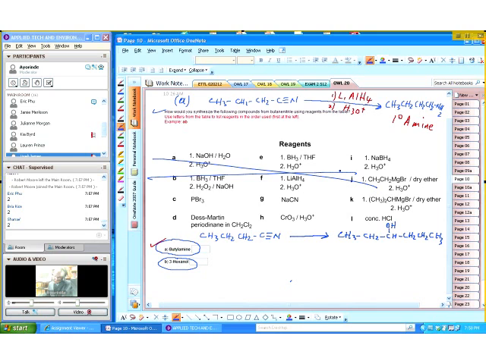So what do we do here? We want to extend the carbon chain. Very good. Excellent. So now you're going to use a Grignard. Eric wants us to use a Grignard. Very good.